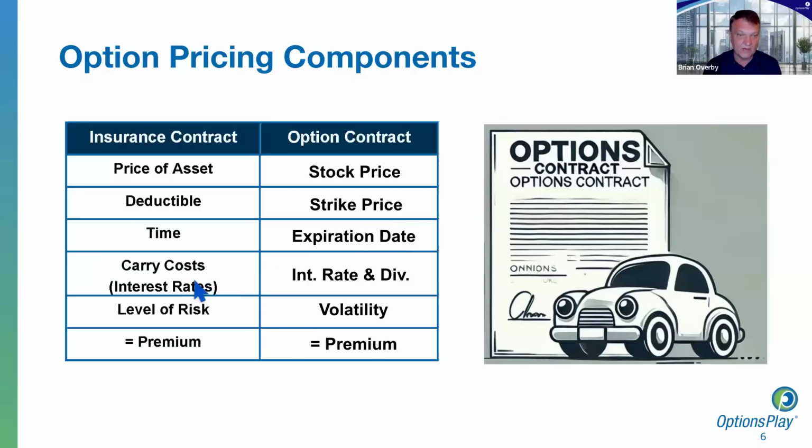And then next up, we have carry costs. A lot of people don't think about carry costs when they're buying car insurance or even an option contract. But when do you pay for your car insurance? Usually you pay before they insure your car, right? You don't pay after the policy. That means that the insurance company gets money up front.